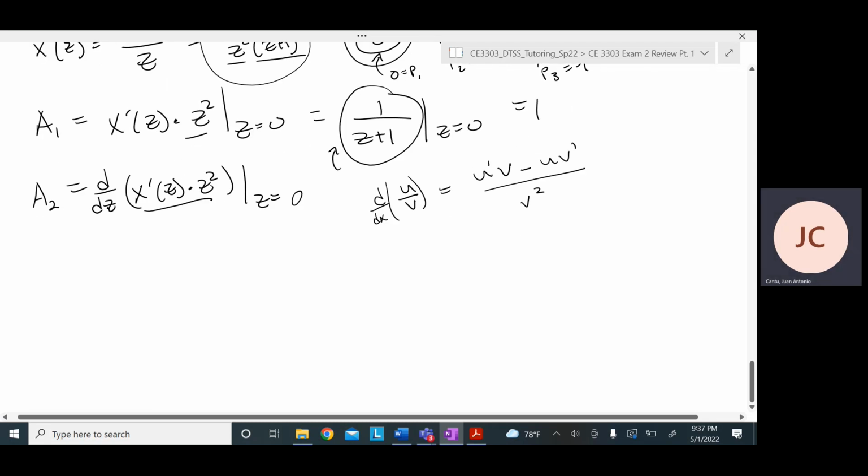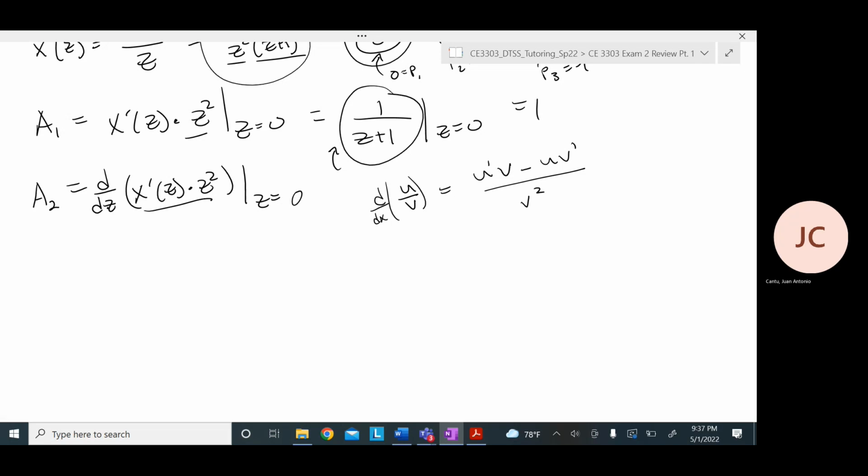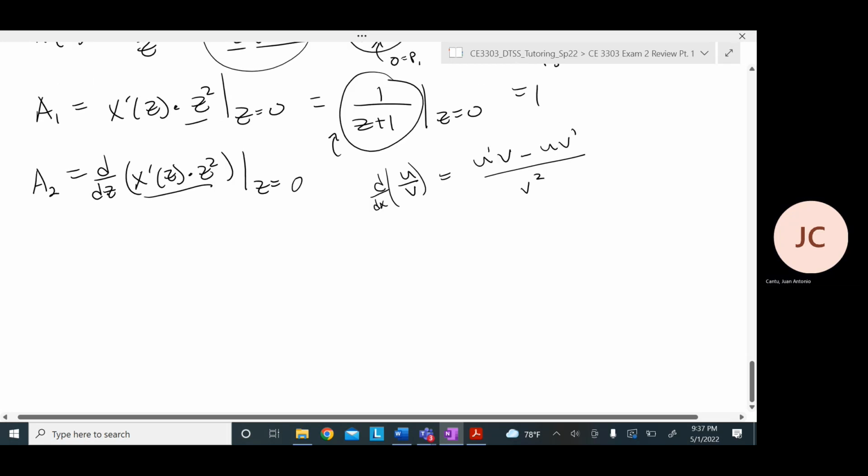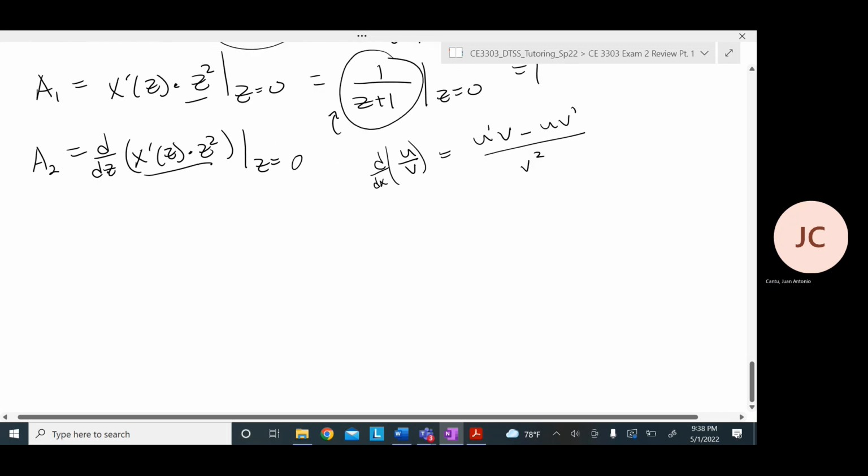So if we do this example up here, we'll take the derivative. So u prime is simply the derivative of 1, which is just 1, or no? Okay, my bad.